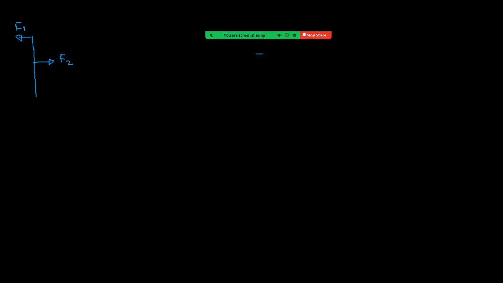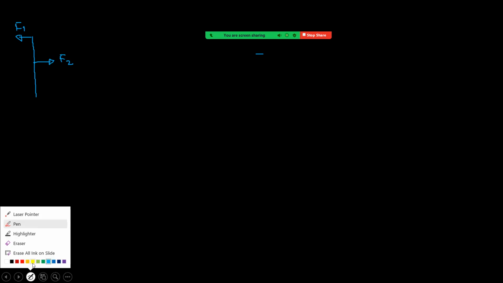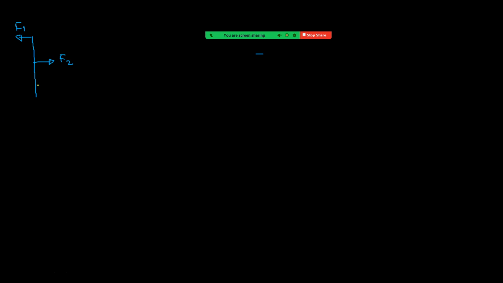And the separation between those two is given as 0.2 meter. 20 centimeter means 0.2 meter, and acceleration is 2 meter per second square. And it is also given that F2 equal to 5 Newton.